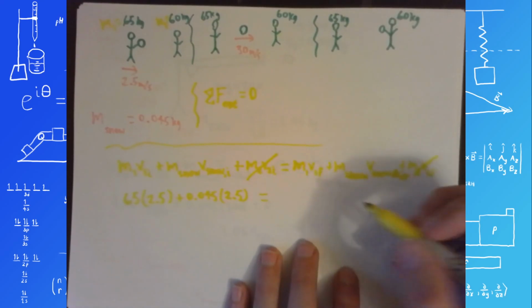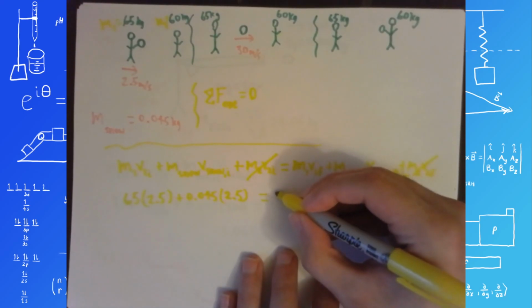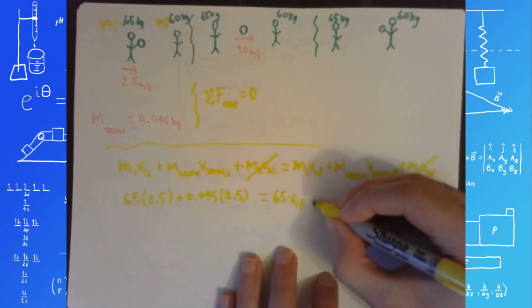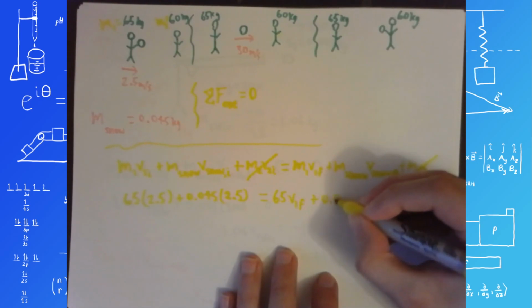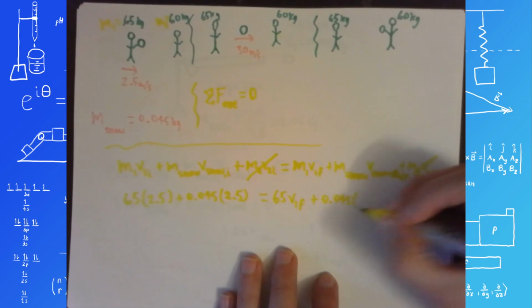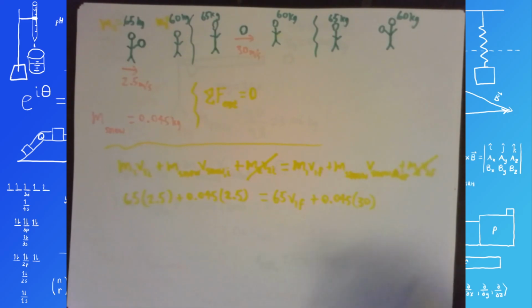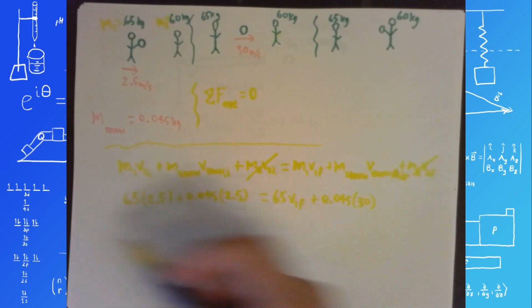And then equals m1 v1 final, so 65 times we don't know yet, plus 0.045 times, now we know it's 30 meters per second, and we don't need that third term. Okay, so only one unknown here. Let's solve for it. I'm going to subtract whatever 0.045 times 30 is from that sum.